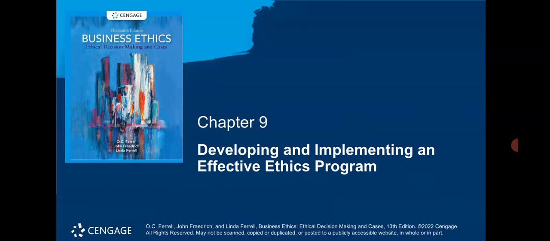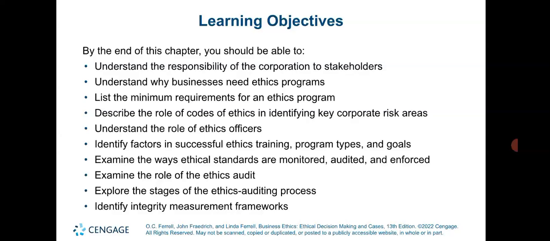program. Okay, by the end of this chapter, you should be able to understand the responsibility of the corporation to stakeholders, understand why businesses need ethics programs, list the minimum requirements for an ethics program, describe the role of codes of ethics in identifying key corporate risk areas, understand the role of ethics officers, identify factors in successful ethics training program types and goals, examine the ways ethical standards are monitored, audited, and enforced.